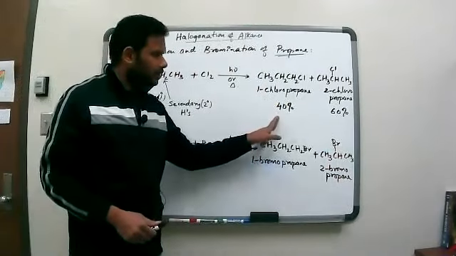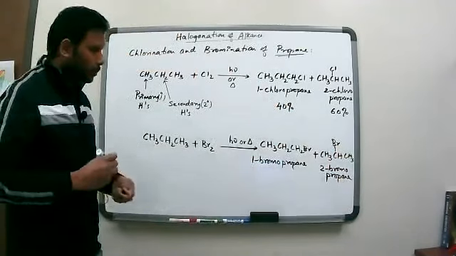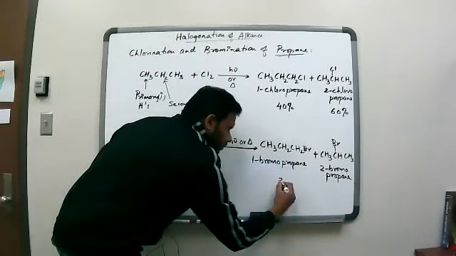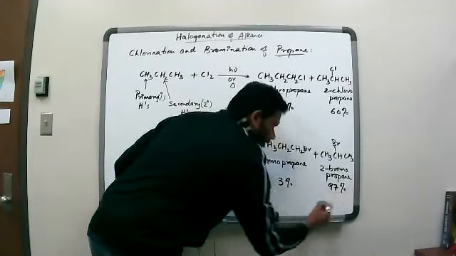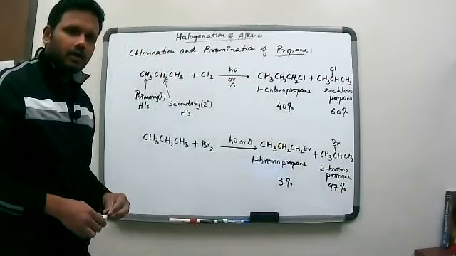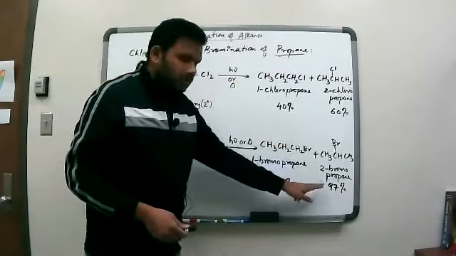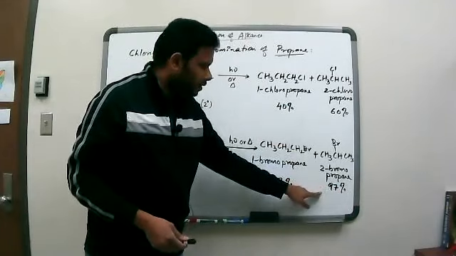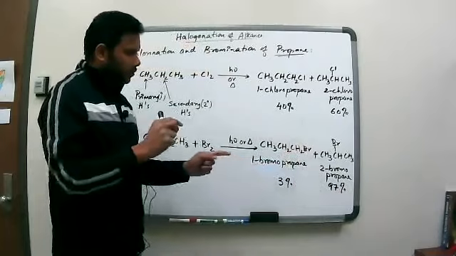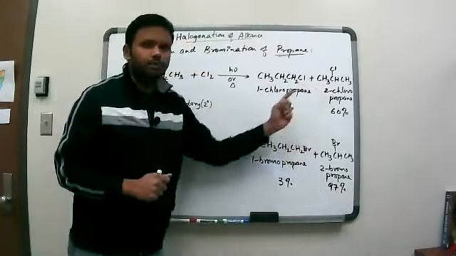In case of chlorination, it was 40% and 60%. In case of bromination, it turns out the ratio is 3% and 97%. So you get almost exclusively the 2-bromopropane. And again, I want to connect this, realize how we get these 2 products.